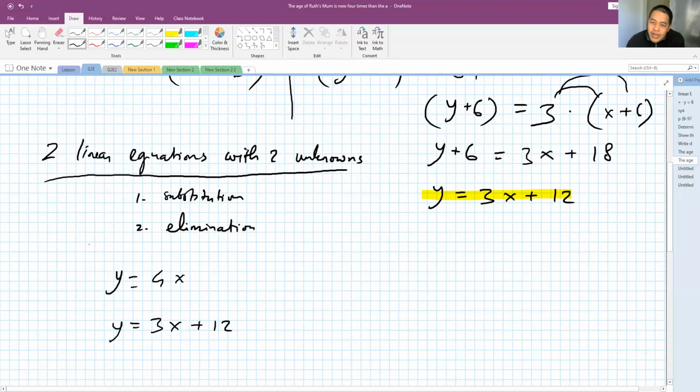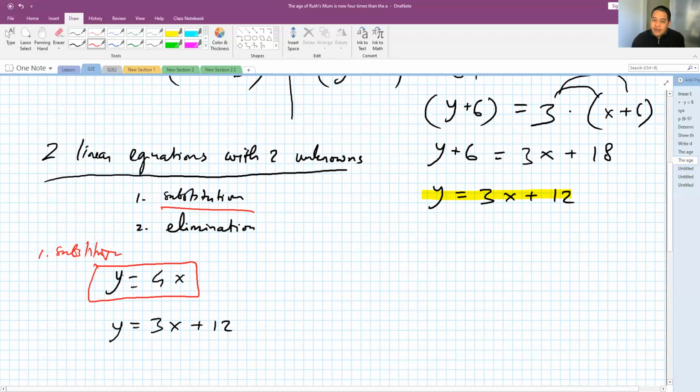When we want to solve the values of x and y using the substitution method, the idea of substitution is simple. Basically, you try to substitute one of the unknowns, one of the variables, using the other variable. So normally we need something like the expression of a variable in terms of the other.